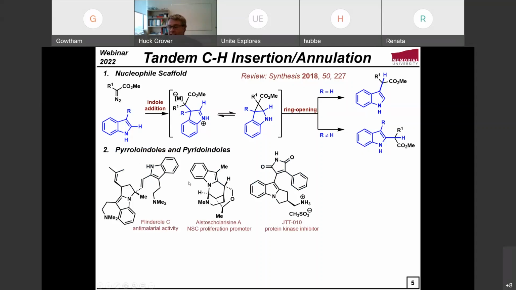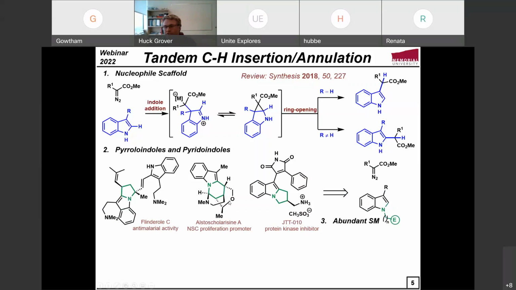In addition to this, indoles are very abundant in nature and pharmaceutically relevant target molecules. But more importantly, there's a whole class of organic molecules that contain the indole framework and another fused ring through the nitrogen and the C2 position.